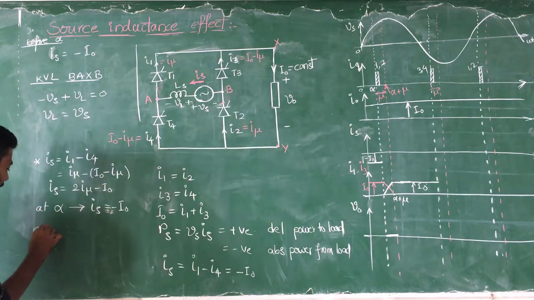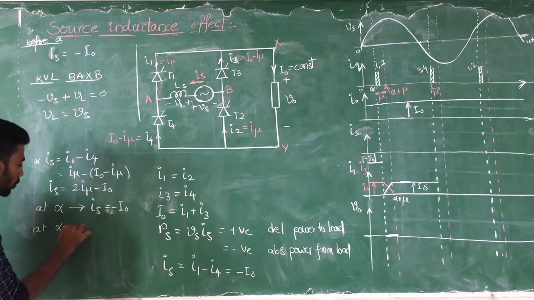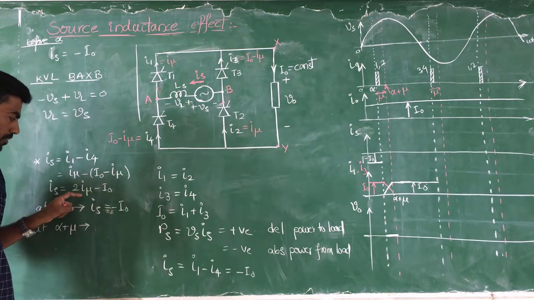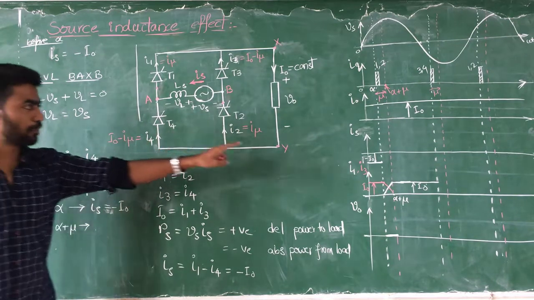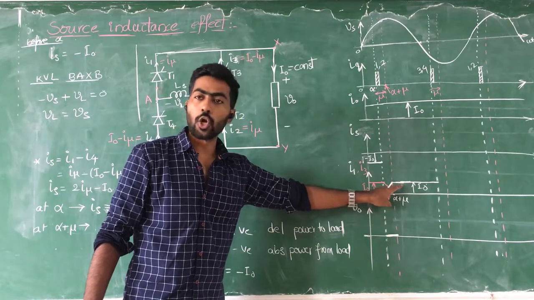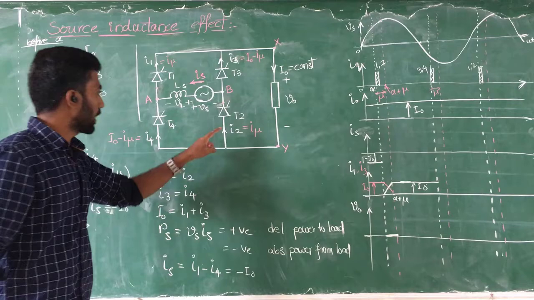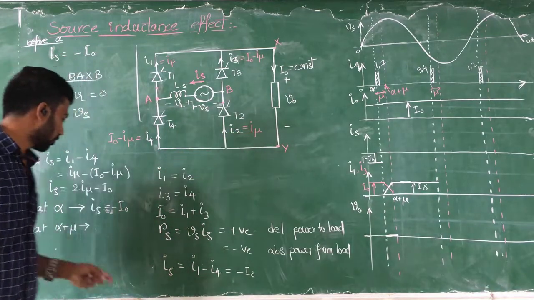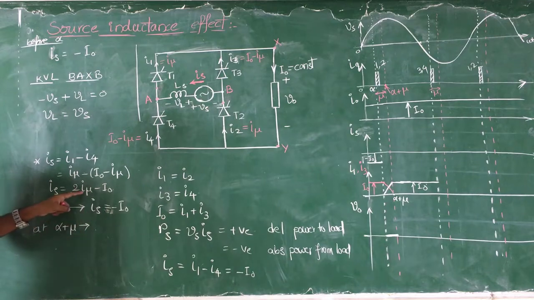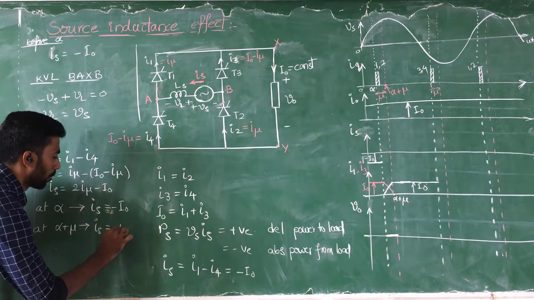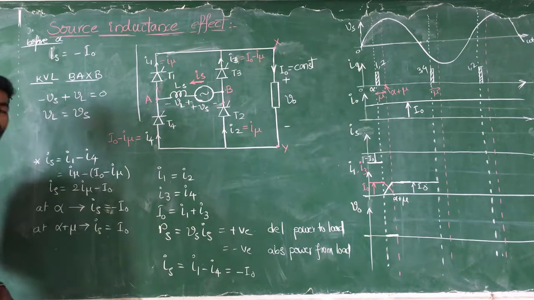But at alpha plus mu, what happens? I1 current reaches I naught value. If you substitute here 2 I naught minus I naught, what will you get? IS is equal to plus I naught.